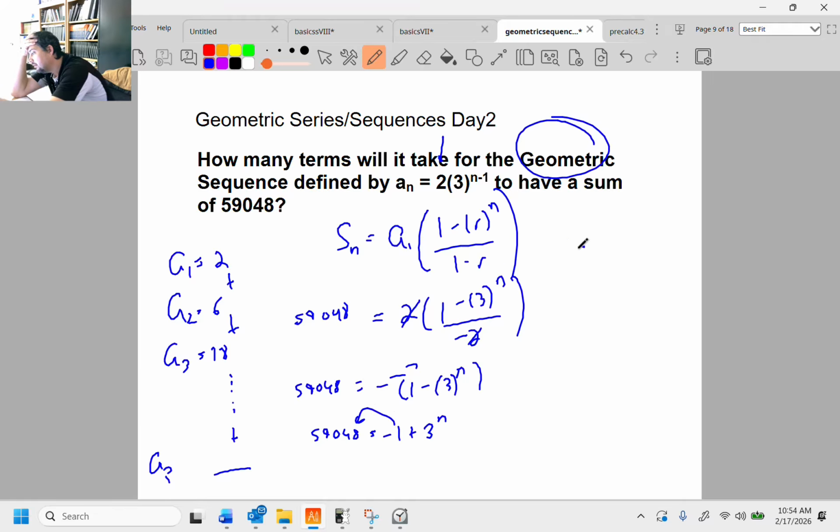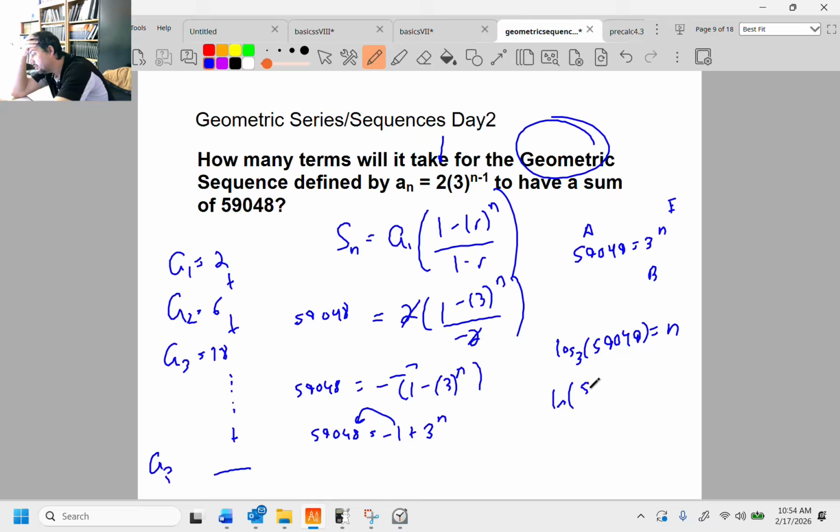Add 1. 59,049 is 3 to the n. Log is bay. Remember, log is bay? Base, exponent, argument. A log base 3 with an argument of 59,049 is n.